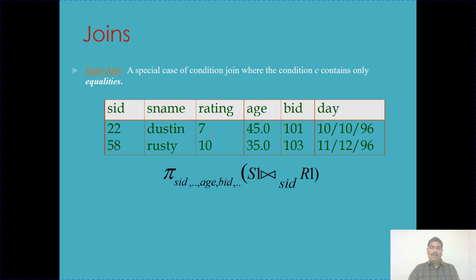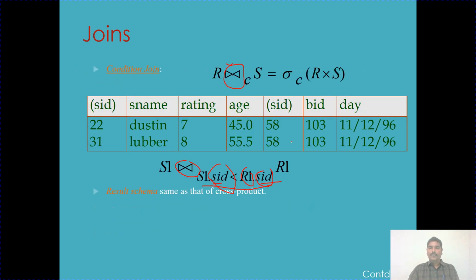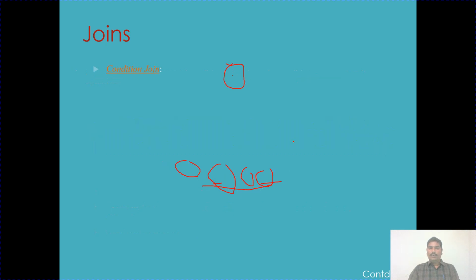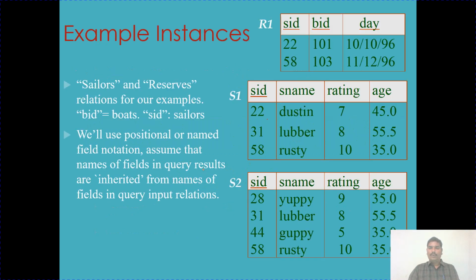Next, a special case of condition join where the condition contains only equalities. Here SID 22 is in the R1 table and SID 22 is also in the S1 table.